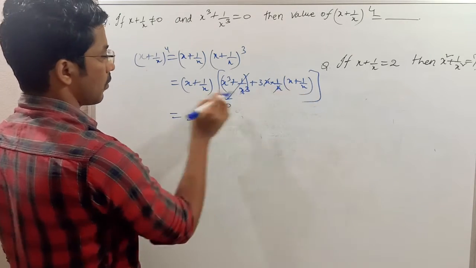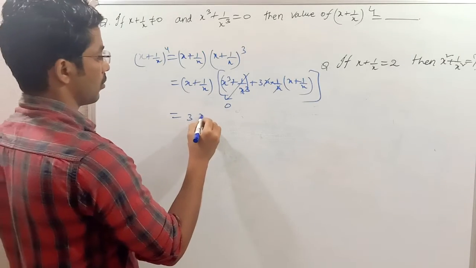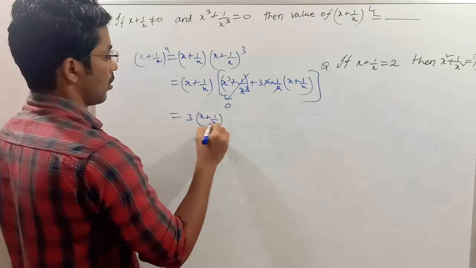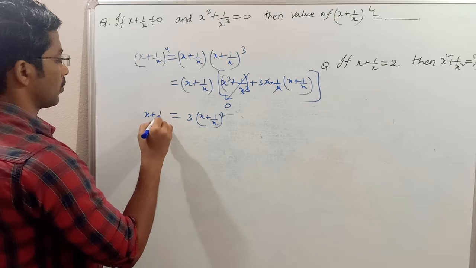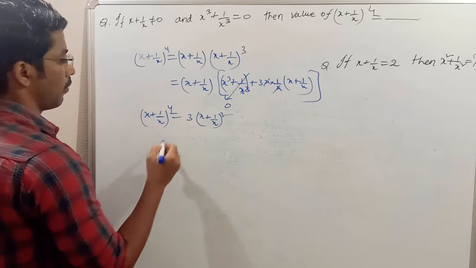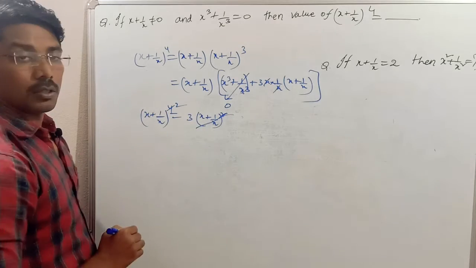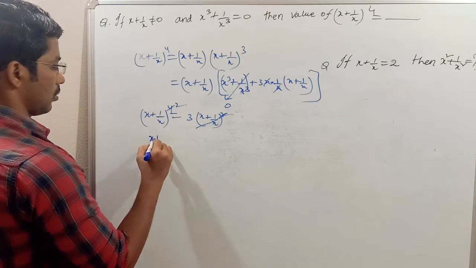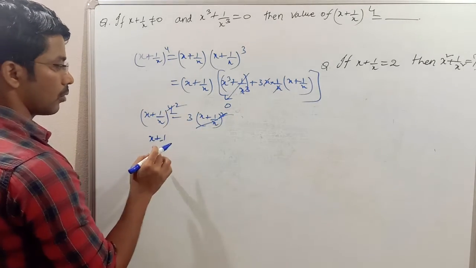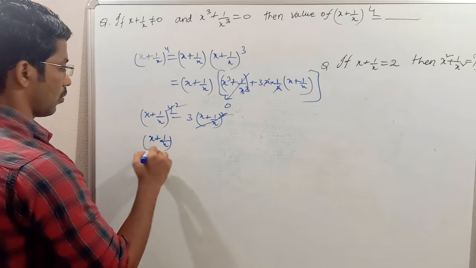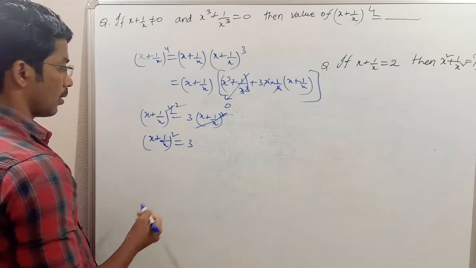Now we get 3 of (x plus 1 by x) into (x plus 1 by x). So 3 of (x plus 1 by x) whole square is equal to (x plus 1 by x) whole power 4. The square and 2 get cancelled as there are 4 terms on one side and 2 on the other. So (x plus 1 by x) whole square is equal to 3.